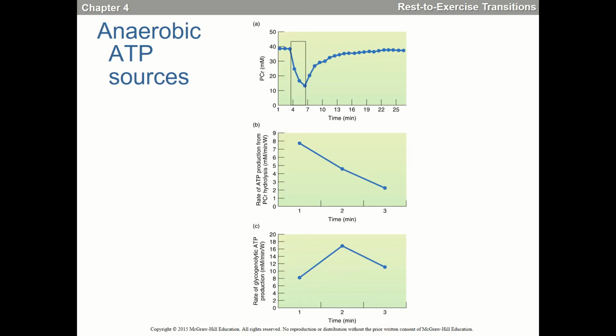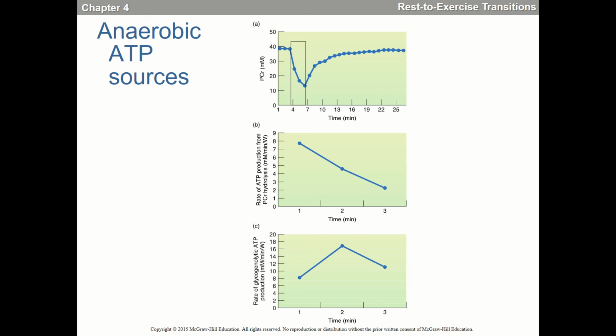Now, some kind of cool stuff going on here. What's happening with glycolysis or the PCr stuff? This first thing right here is showing within a muscle what is happening to the phosphocreatine, or PCr. At the beginning of exercise, it drops down rapidly, indicating that we're actually burning that PCr, taking that phosphate and putting it onto ADP to make ATP to fuel exercise.